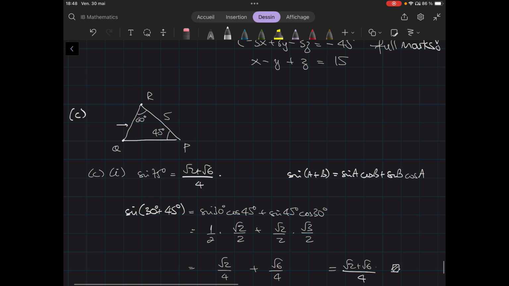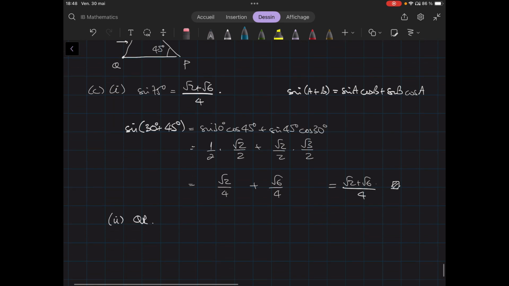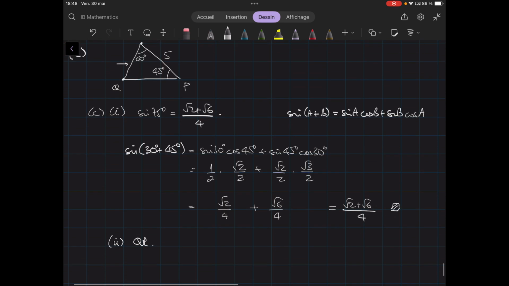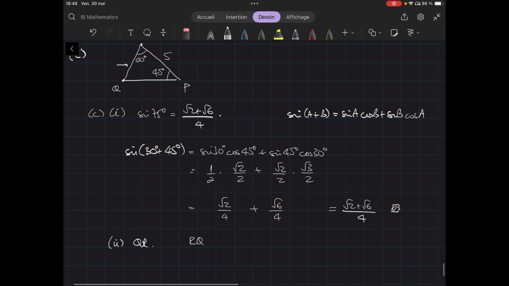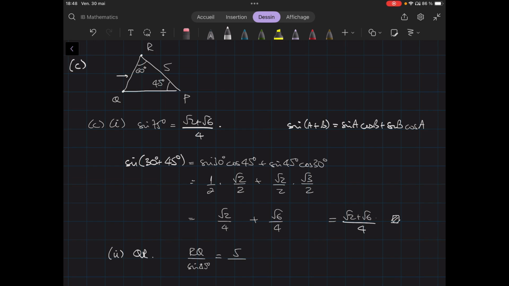QR is over here. So we know that to find the length of QR, we have to use the sine rule. So RQ over sine of 45 degrees is equal to 5 divided by sine of RQP.